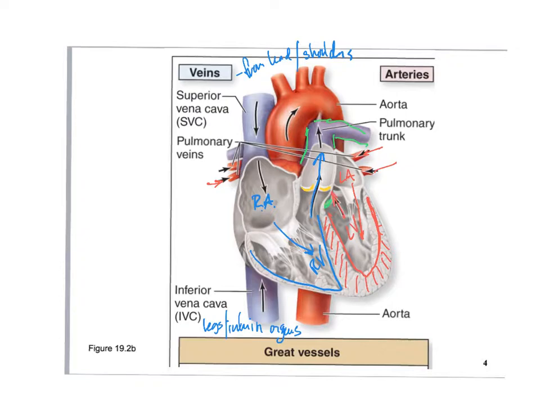You can kind of see them right there. What is that? What's the semilunar valve in which vessel? Into the aorta, right? So blood comes out through here and eventually out this way.